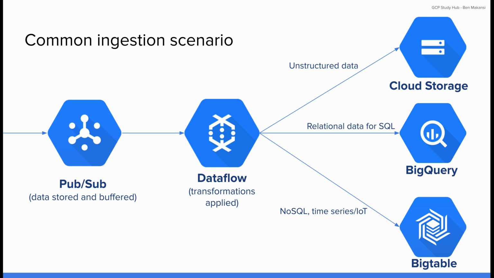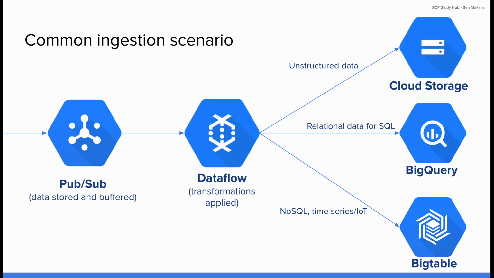This is a common scenario. It demonstrates how GCP components can work together and move and process different types of data, ensuring that it's available in the right format and in the right place for further analysis or storage. And PubSub acts as the starting point for this entire process.